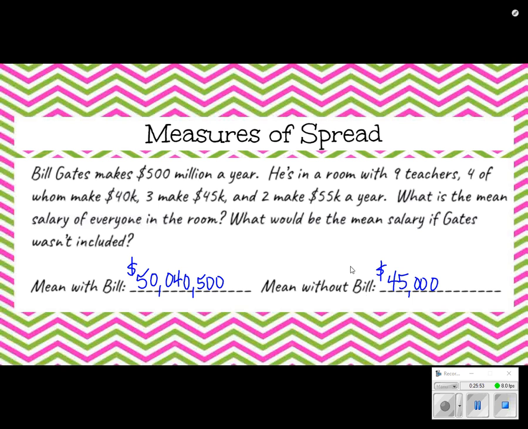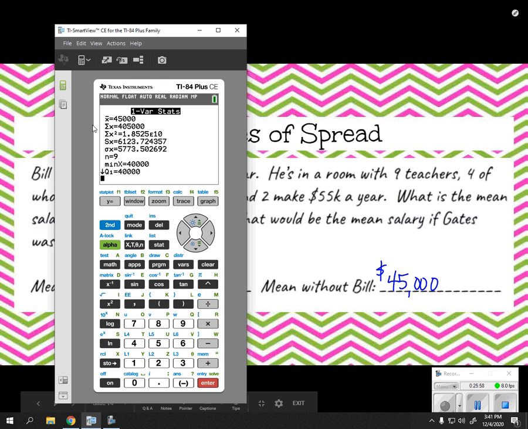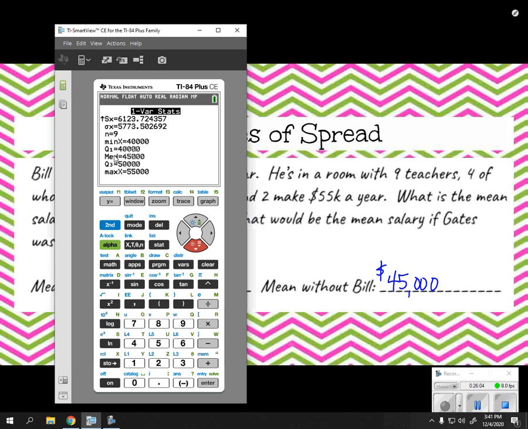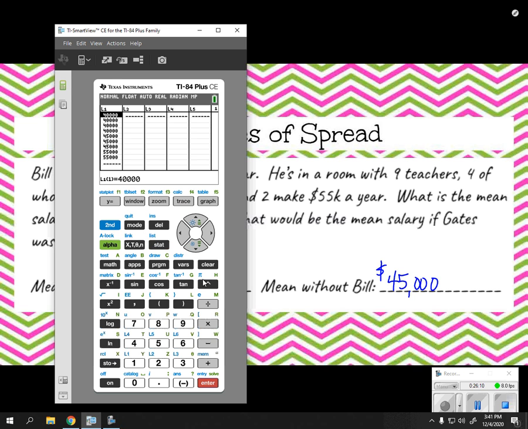Now, for just a second, it's not in here, but let's look at the median. So the median is, look here, where is it? Here it is. The median is $45,000. Let's look at what happens when we go back and we put in our 500 million for our median.